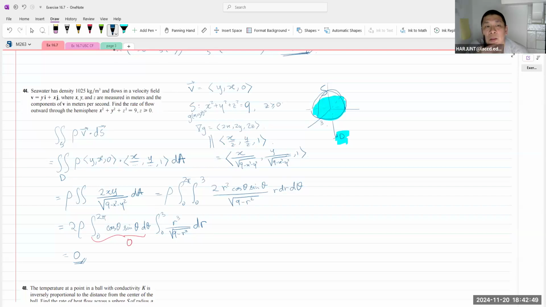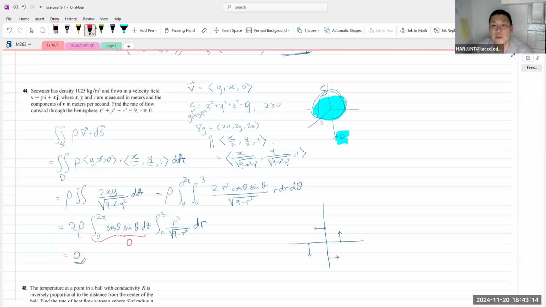Thinking about what it actually looks like, the velocity vector field looks like this at 1, 0. That's what the vector field looks like.